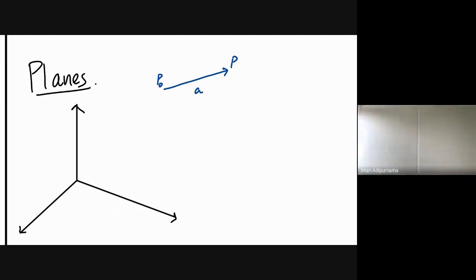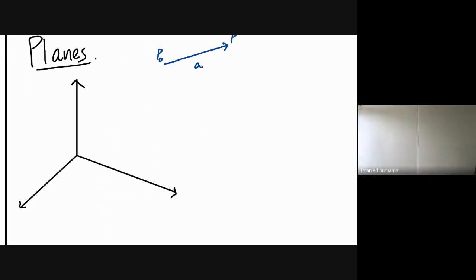So a plane is determined if you have, of course, a lot of lines, so a lot of points that you can connect. If you connect every point, it will become a plane. But how is a plane a plane? If you have random positions, maybe you will have 3 dimensions, right?